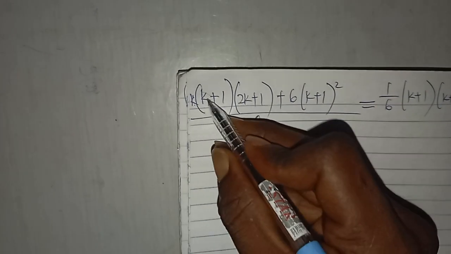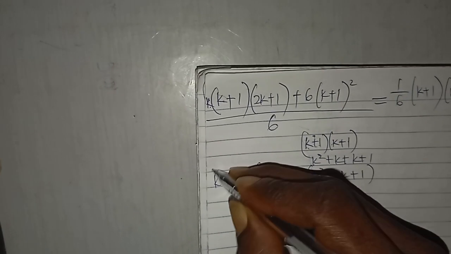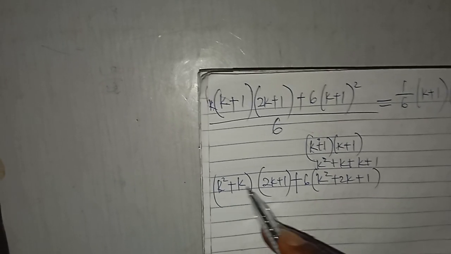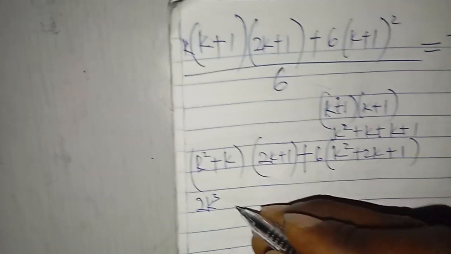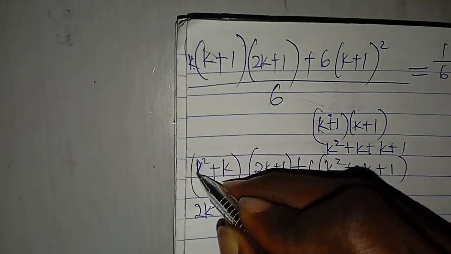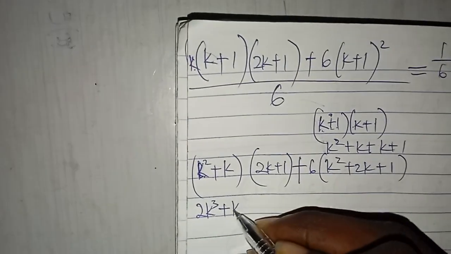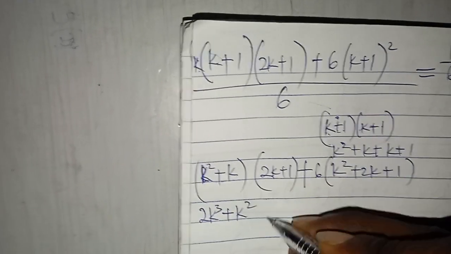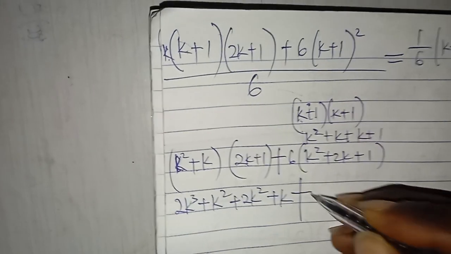Then k times k will be k square plus k. Now k square times 2k will be 2k cube. Then k square times plus 1 will be plus k square. Now k times 2k will be plus 2k square. K times 1 will be plus k. And notice that everything is being separated by 6.